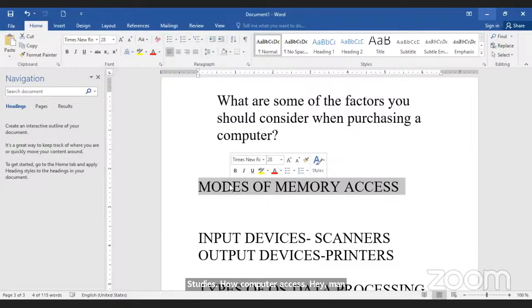You realize there are different ways that a computer can access memory, depending on the technology of the storage device the computer uses. Some storage allows the computer to access memory sequentially. And that's why we need to discuss that.